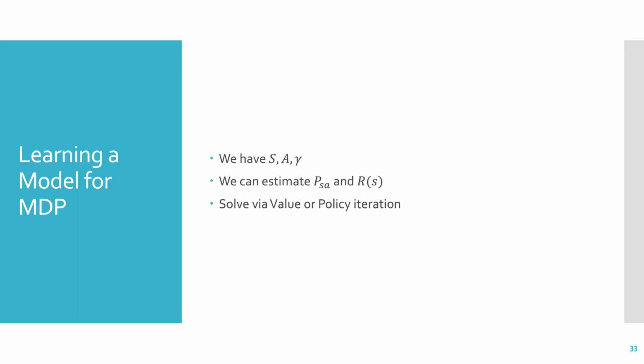So this is a real-world situation where we have the states, the actions, and the discount factor. We can estimate the transition probabilities and the reward, and then we can solve our MDP using value or policy iteration.